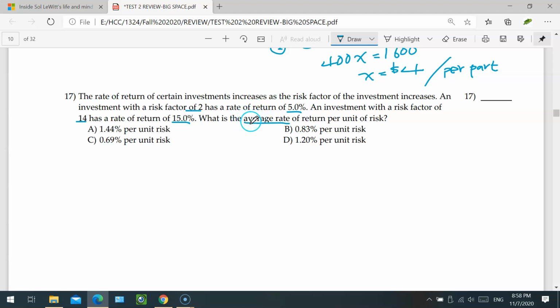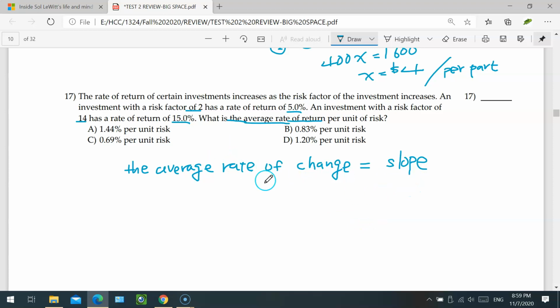Now, look at the keyword here: the average rate of return. When you hear wording like the average rate of change, this has the same meaning as the slope. So now we need to find the slope to answer this question.